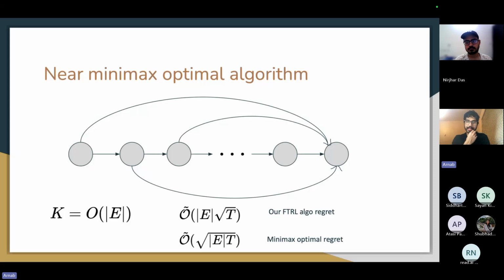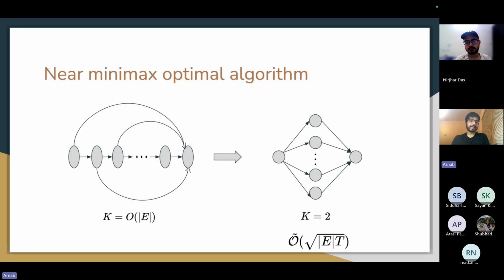I'll quickly say how to fix that. As a motivation, consider the same toy example. You could have converted this into another DAG, which does a one-to-one mapping between the paths here and the paths here from source to sink. For example, this entire long path, you could have just brought out and called it this particular thing.